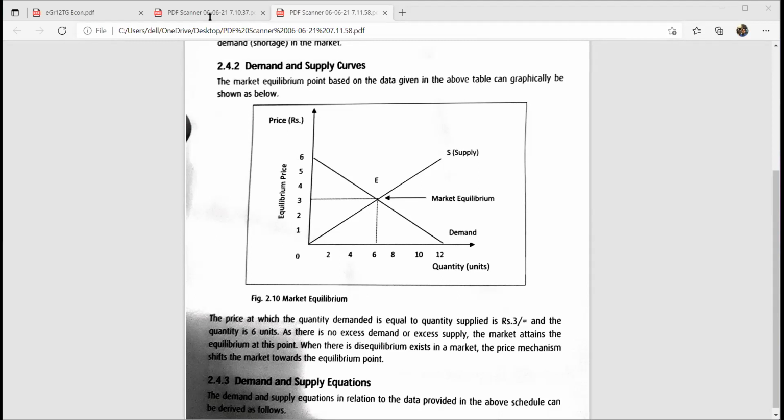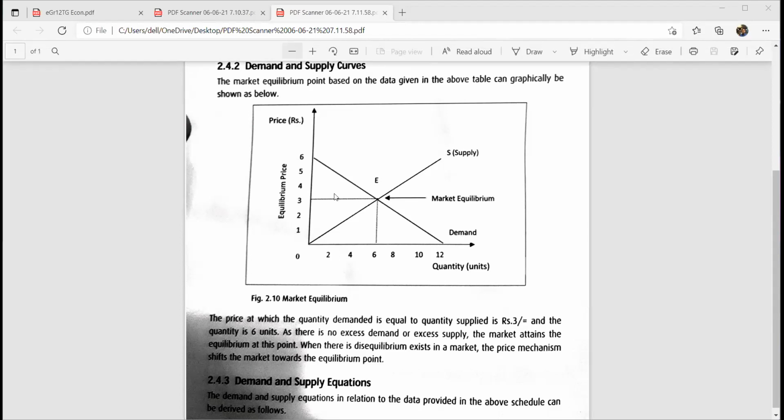For example, price and quantity demanded. Price of the good is 2, quantity demanded is 100. Price is 4, quantity demanded is 80. This is a table. We understood such a relationship.